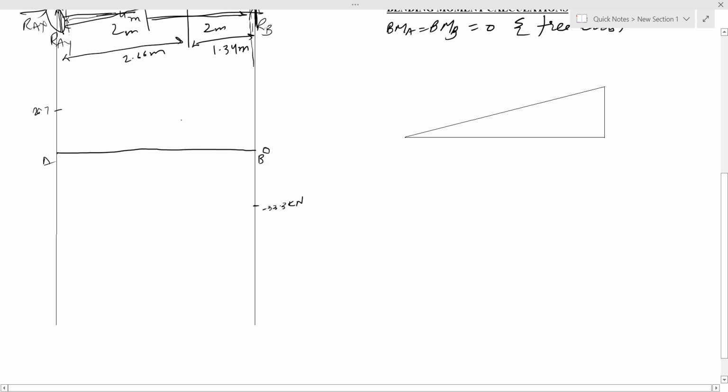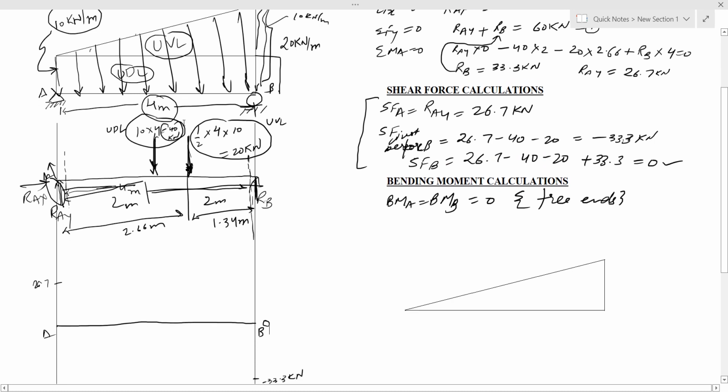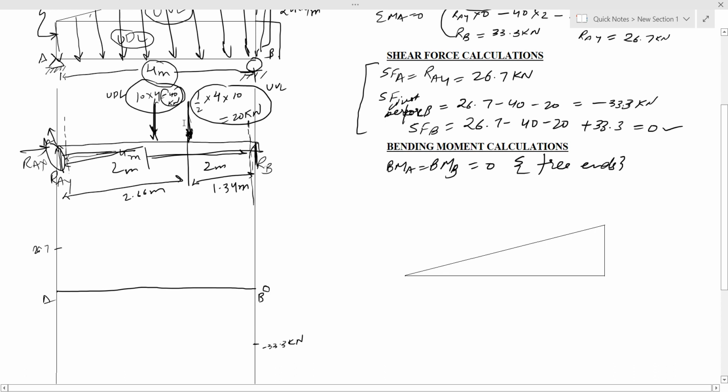Since we know that it is a UDL and UVL combination, we will get a parabola between point A and B. So we'll draw a parabola here. This will be a parabola.